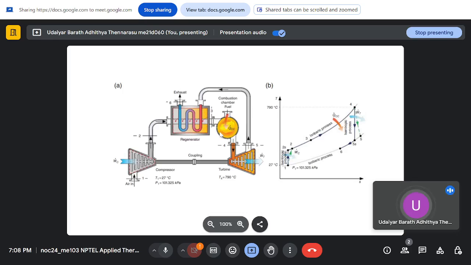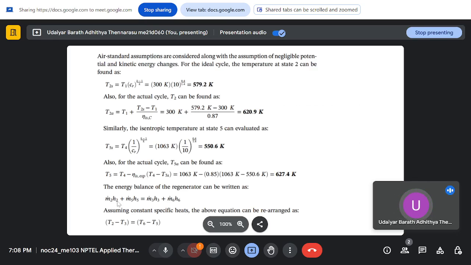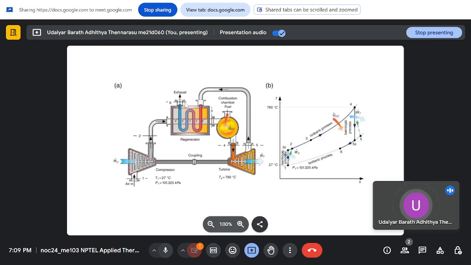Inlet is 2 and 5, exit is 3 and 6. So m dot 2 H2 plus m dot 3 H5 is m dot 3 H3 plus m dot 6 into H6. Your mass is all the same, so there is no mass addition or rejection anywhere across the cycle. So the mass gets cancelled out, and H can be written as Cp into T minus some reference temperature. So Cp also gets cancelled and the reference temperature is also cancelled. So it will become T2 minus T3 equals T6 minus T5.